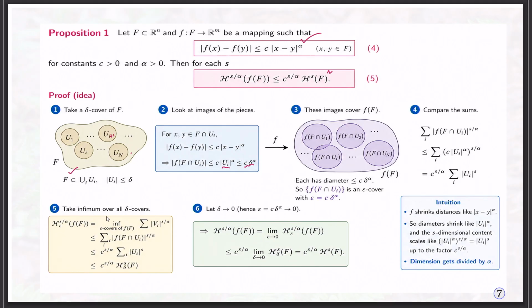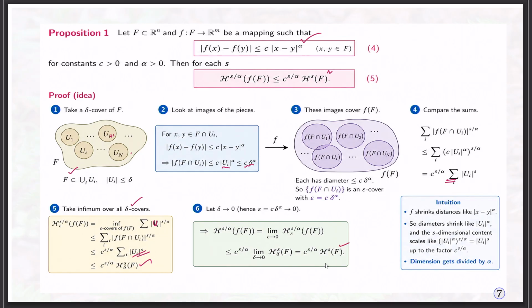Now taking the infimum over all the delta covers, the U_i covers, which gives the infimum over all the epsilon covers of f(F), this quantity is less than or equal to c^(s/alpha) times H^s(F). So as delta tends to 0 and epsilon tends to 0, one can get H^(s/alpha)(f(F)) is less than or equal to this quantity.